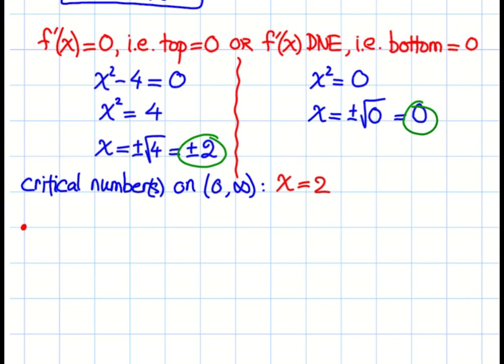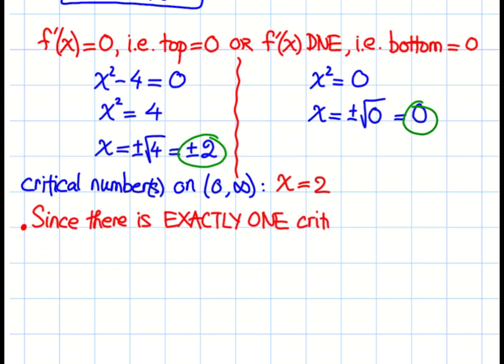Right. So most importantly, since there is exactly one critical number on the interval, we use the second derivative test.